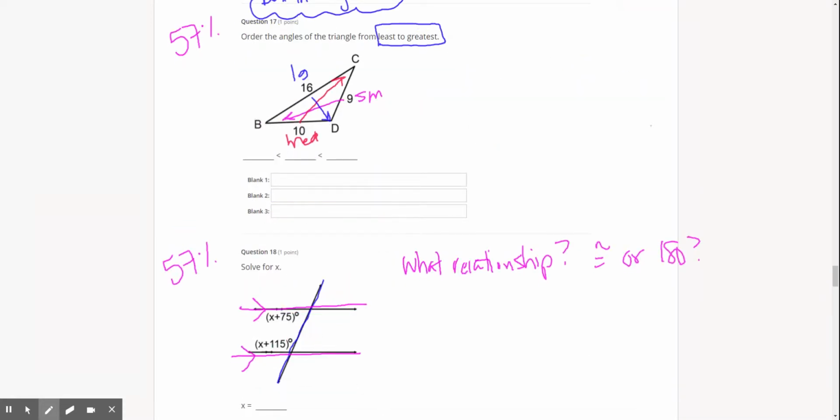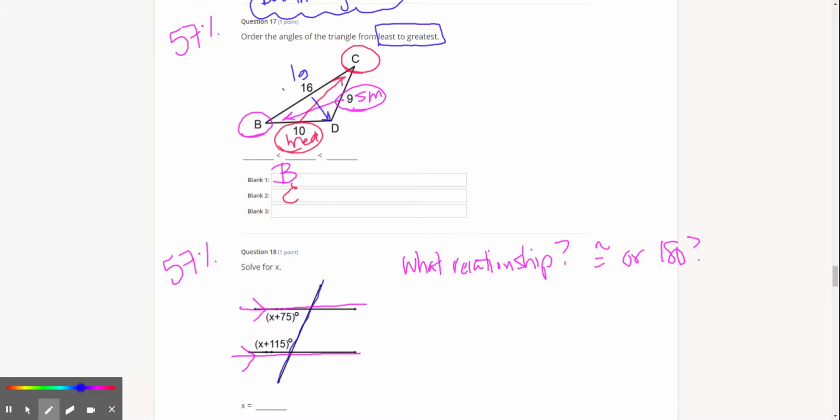We're getting better and better at questions like 17. This is going to be super important to be able to find the opposite side in our next unit. So please, please, please imagine those lines, draw the diagonals. So if 9 is the smallest side, then B is the smallest angle. And if 10 is the medium side, then C is the medium angle.